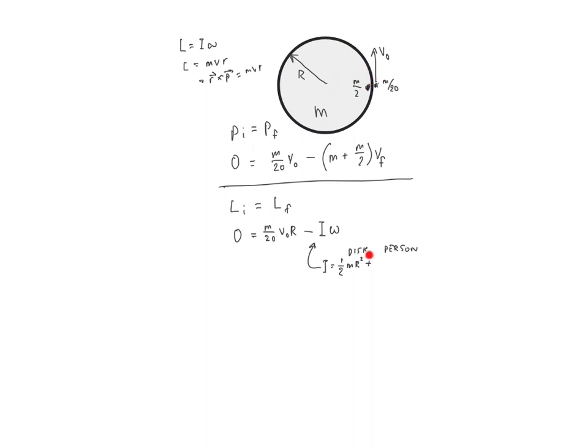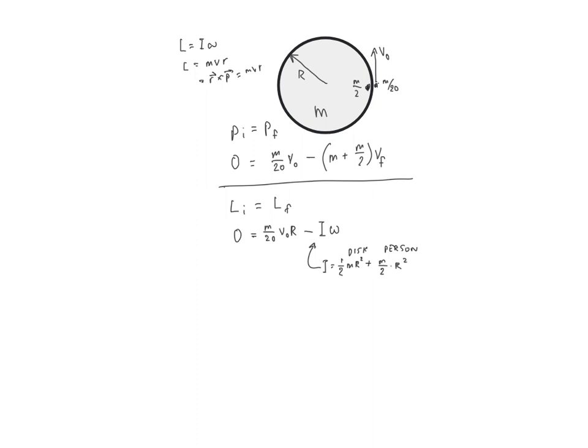Every time you have an isolated object revolving around a point, the inertia is always just mr squared. So for the person, it's mass times r squared. The mass of the person was m over 2, and that person is a distance, capital R, from the center, so it's m over 2 times r squared.